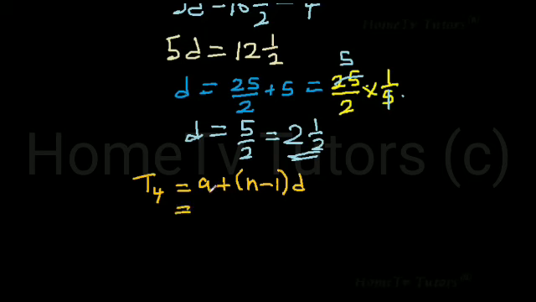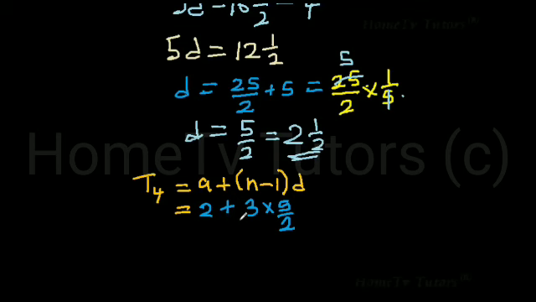So now let us substitute the already known values. For the first value, A is already known as 2, or was given as 2. Then the nth value, we're talking of the fourth, so 4 minus 1, that is 3 times d, and d is already gotten as 5 over 2.